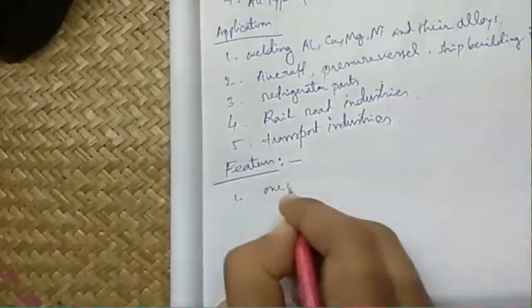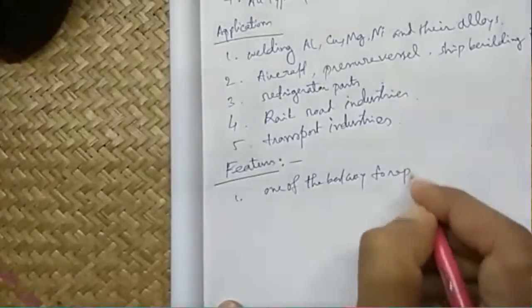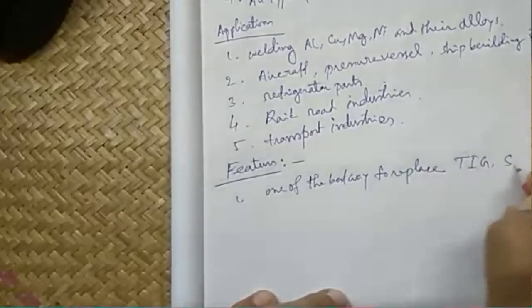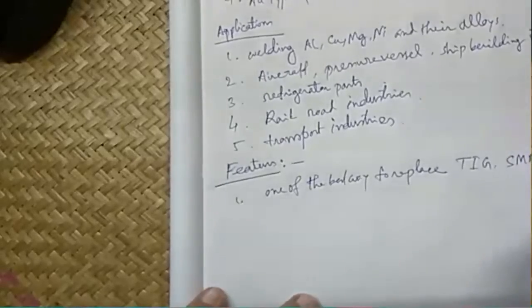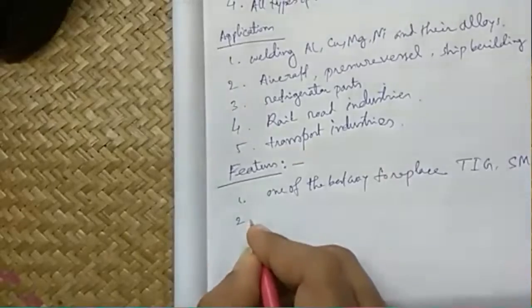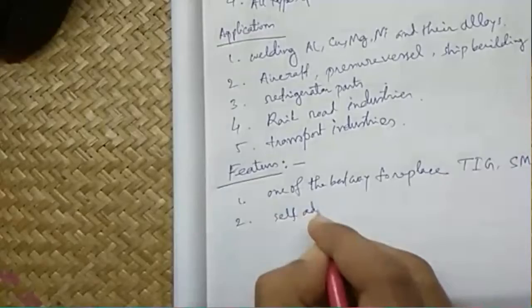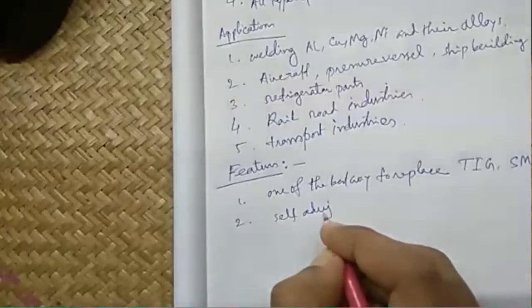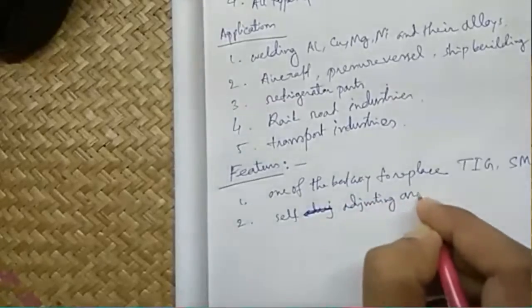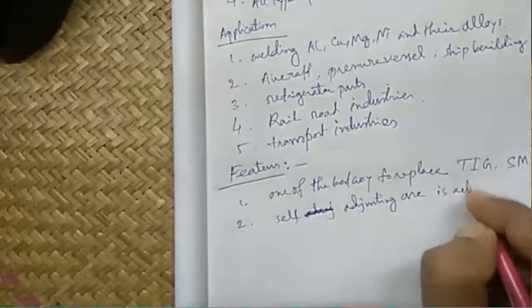It is one of the best ways to replace TIG and SMAW and submerged arc welding SAW. Number 2, self adjusting arc is achieved.